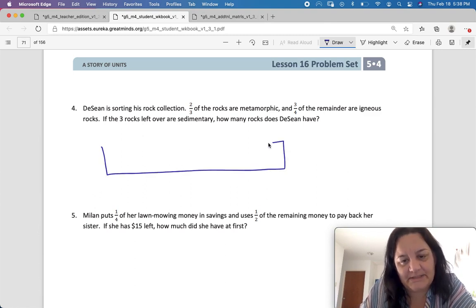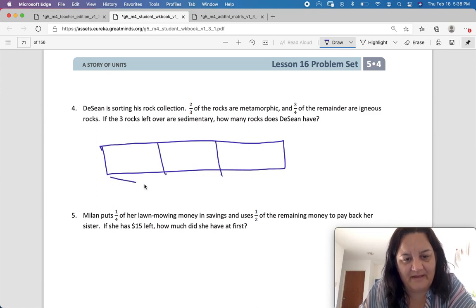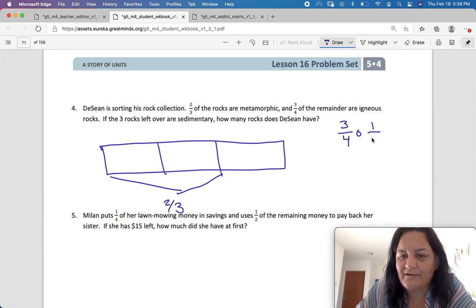So he's sorting his rock collection. There's his rock collection. And 2/3 are metamorphic, meaning they change with pressure over time. Cool. And 3/4 of the remainder, so that's 3/4 of this. It's really 3/4 of 1/3, right? Because that's the remainder.